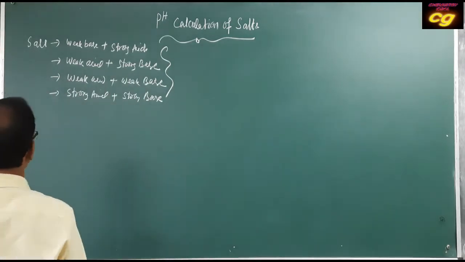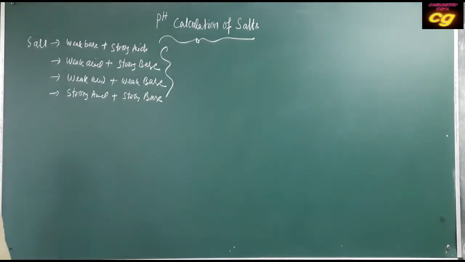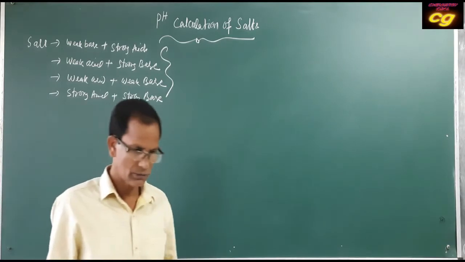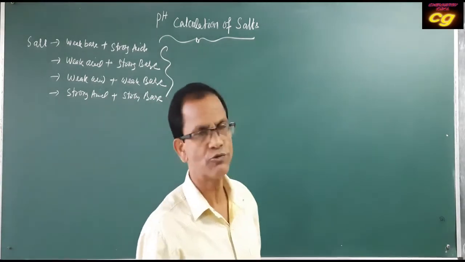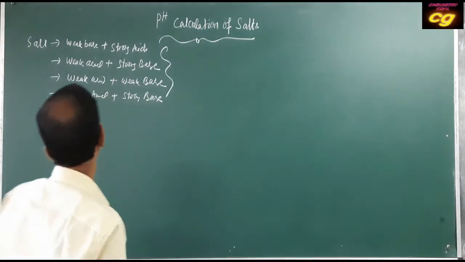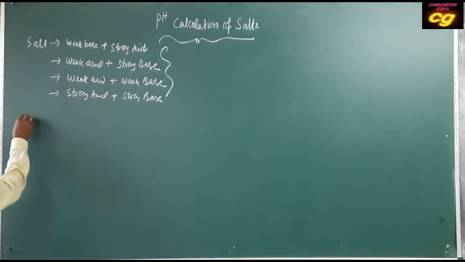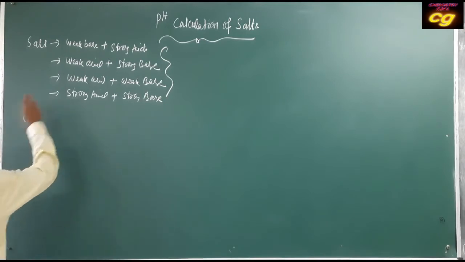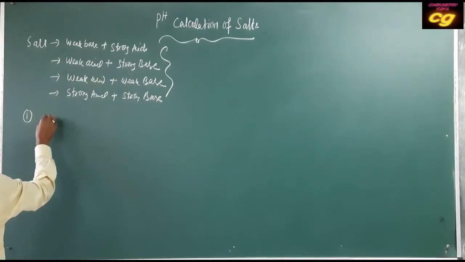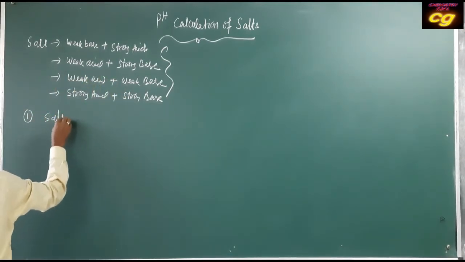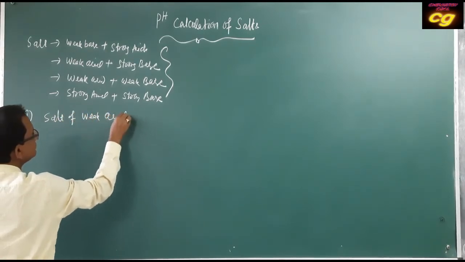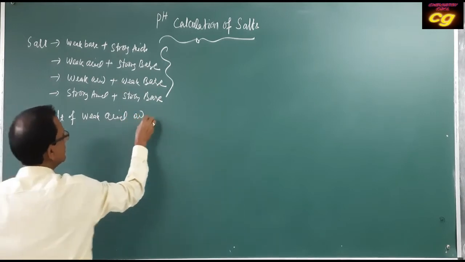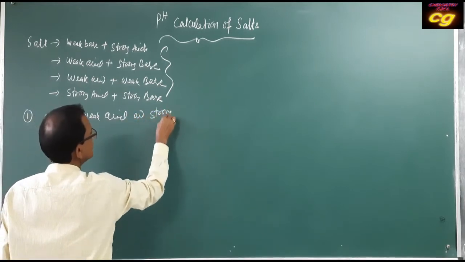Now we will calculate the pH value of a particular salt in terms of their dissociation constant. First let's take the salt of weak acid and strong base.